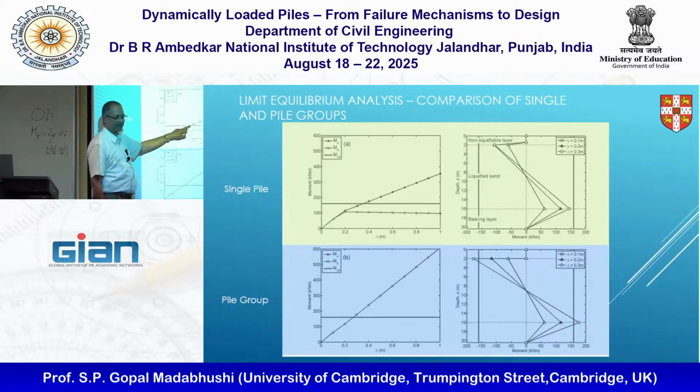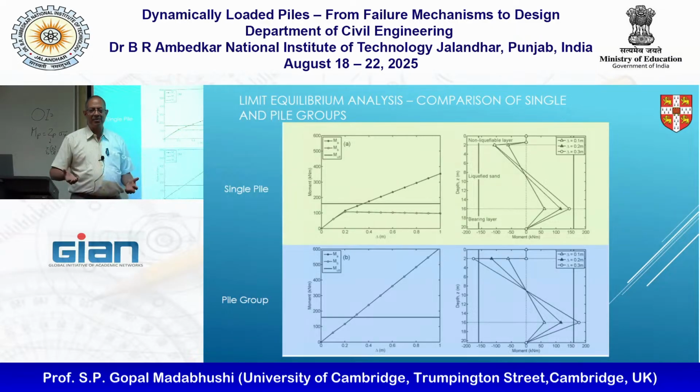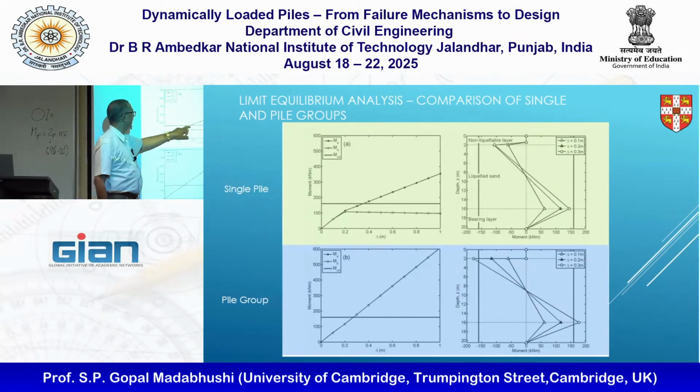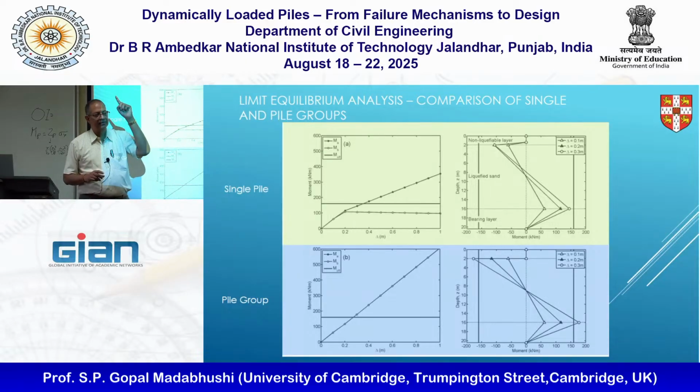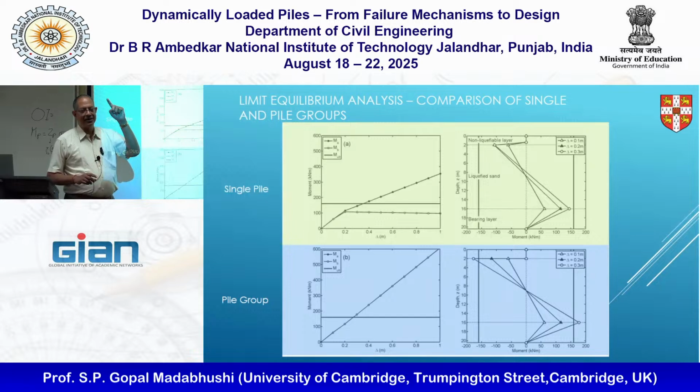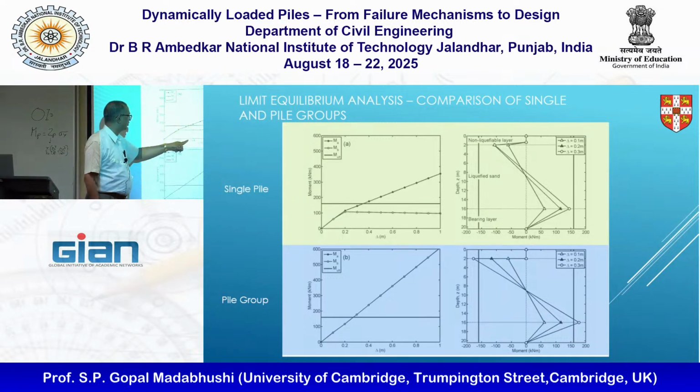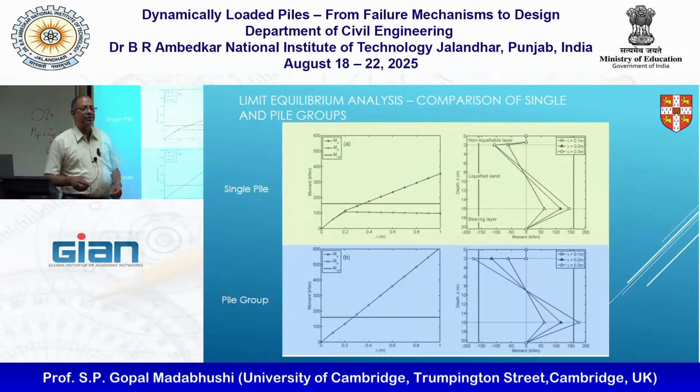Obviously, it can't go past there, because you reach the moment capacity. Therefore, you would expect the failure to happen somewhere there, at the top of the pile. Understood? And that will happen at a displacement of about 0.3 meters. So if my lateral spread is going to be 0.3 meters or more, my pile is dead. Agreed?